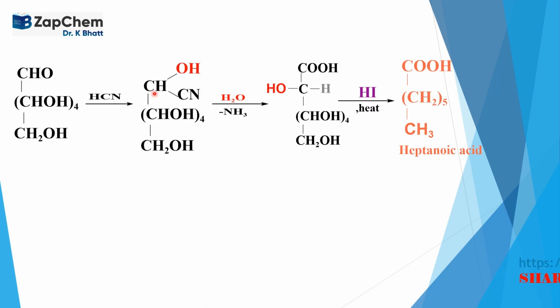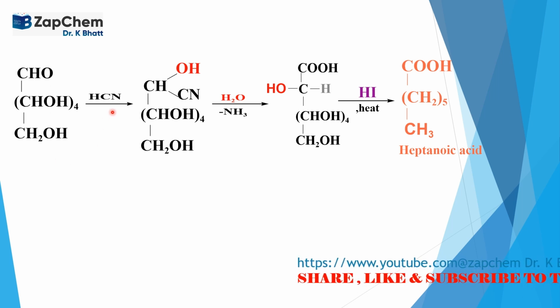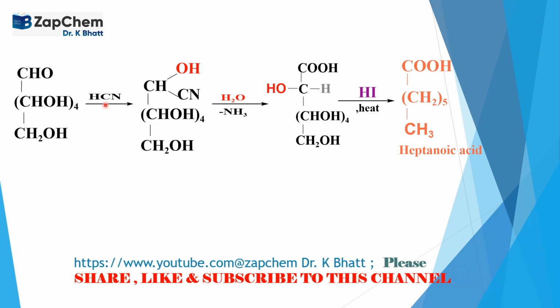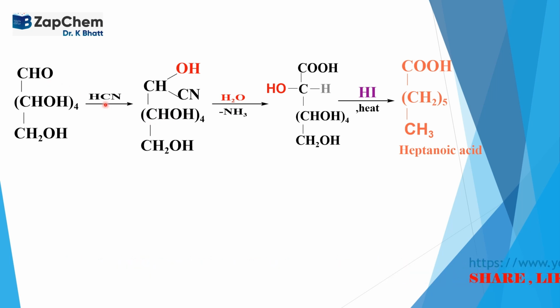We know what is glucose. Glucose is an aldose, and when it is treated with HCN, it will form a cyanohydrin because the aldehydic group reacts with hydrogen cyanide to form a cyanohydrin.